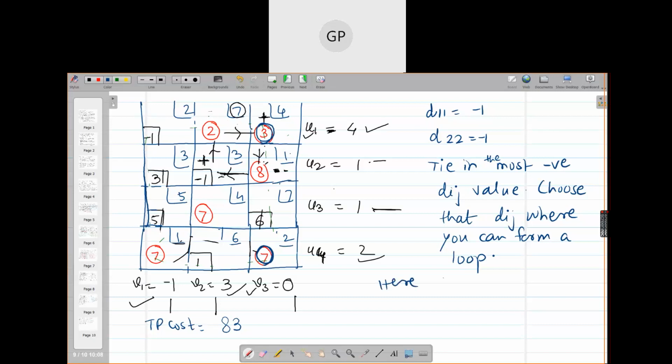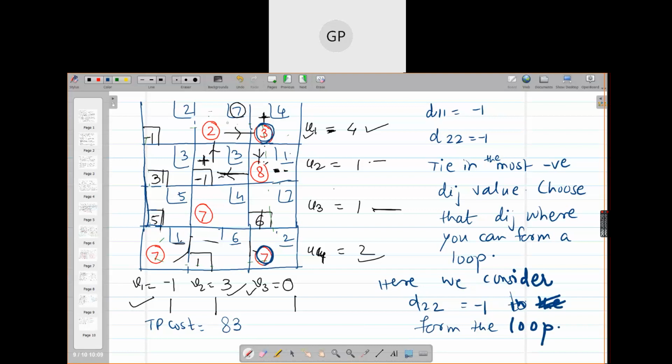Here we consider D22 equal to -1 in the loop. Do you understand this? To form the loop.